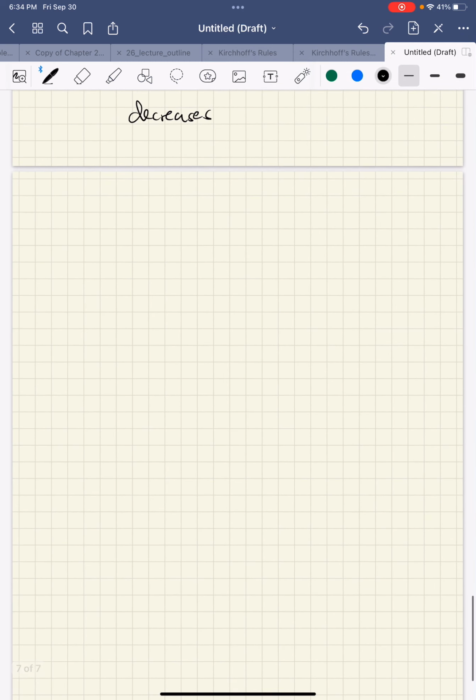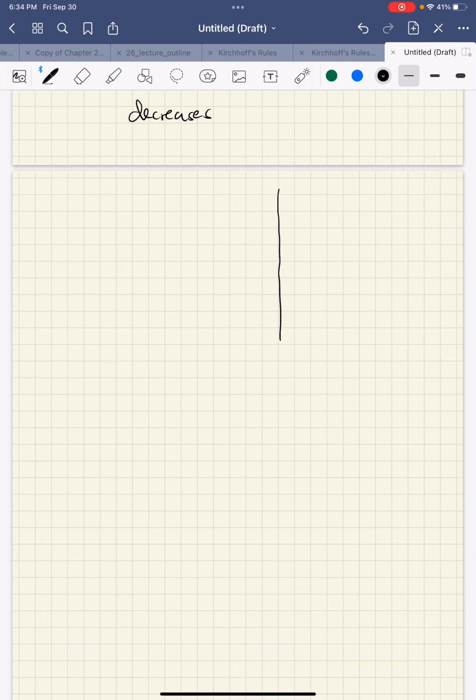We can, of course, have the graph for Q: it starts from Q0, and then it has that kind of dependence.